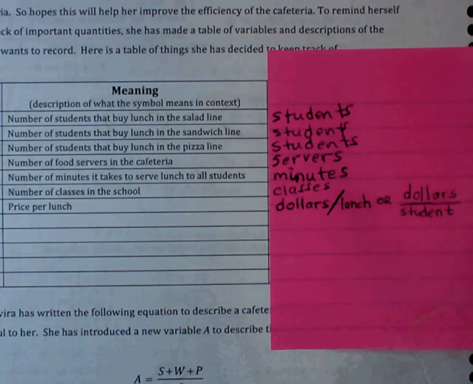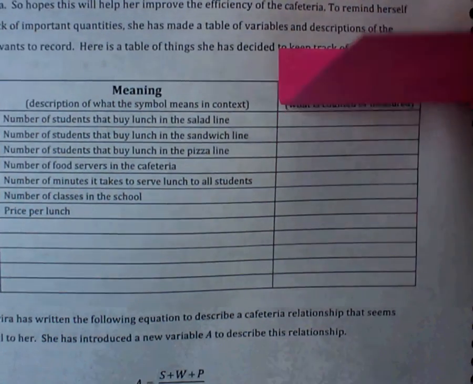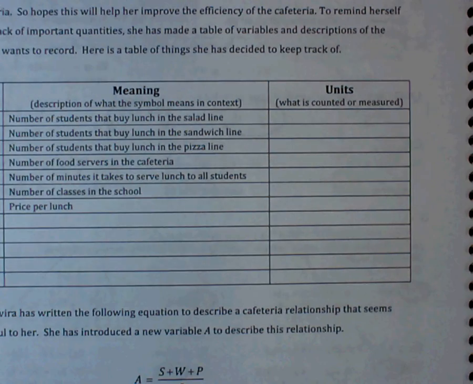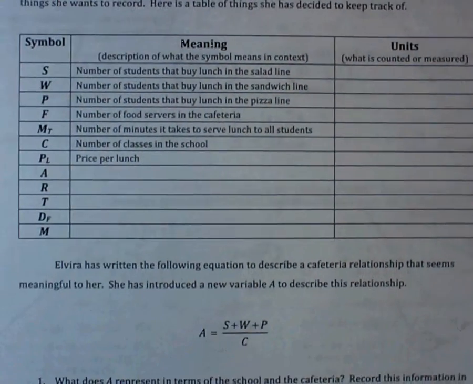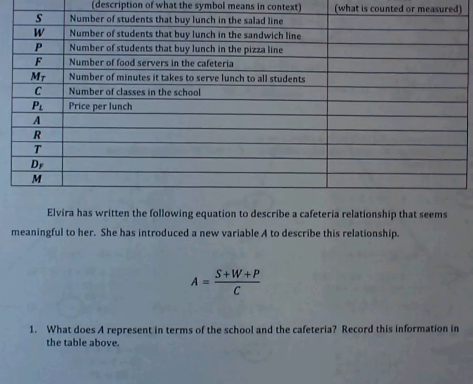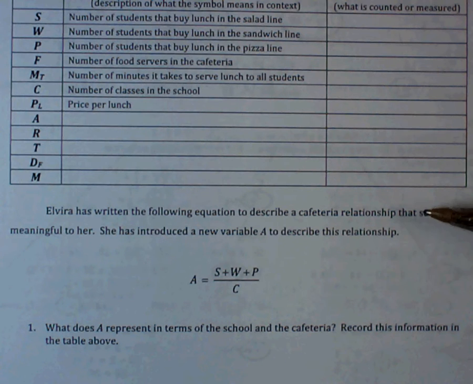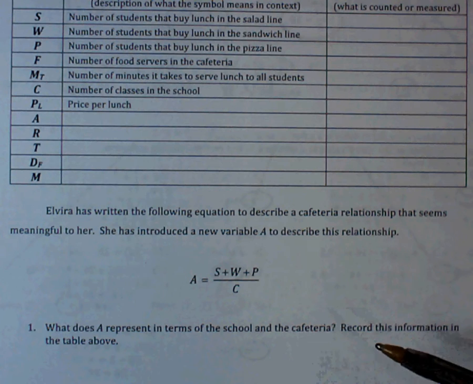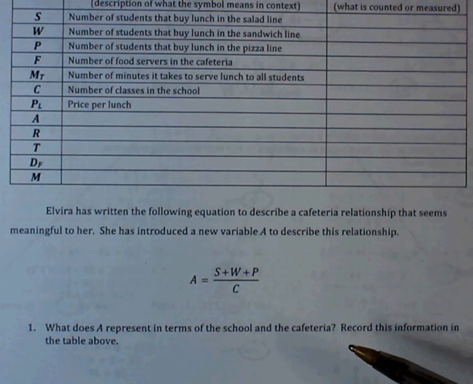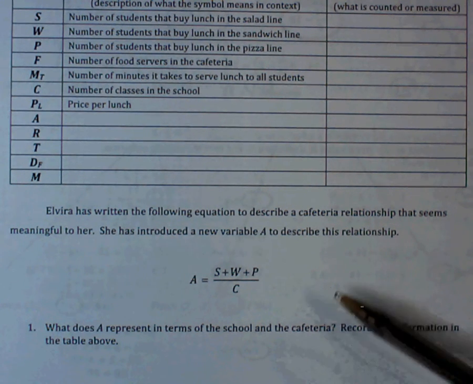So let's read the next part, and then you guys are going to work on it. Now we're going to add some different things here. Elvira has written the following equation to describe a cafeteria relationship that seems meaningful to her. She has introduced a new variable A to describe this relationship. This is meaningful to her, not necessarily you. This could happen when you're doing work for a boss who is interested in this relationship and you're not.